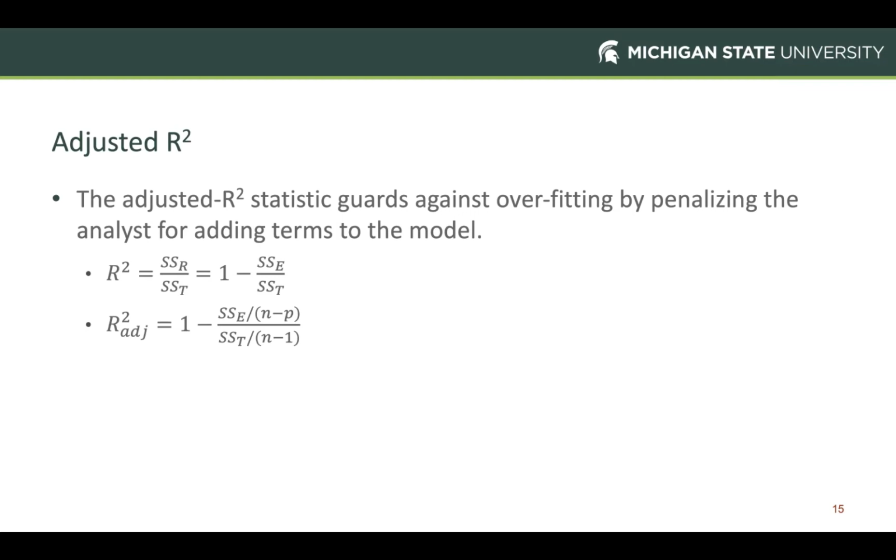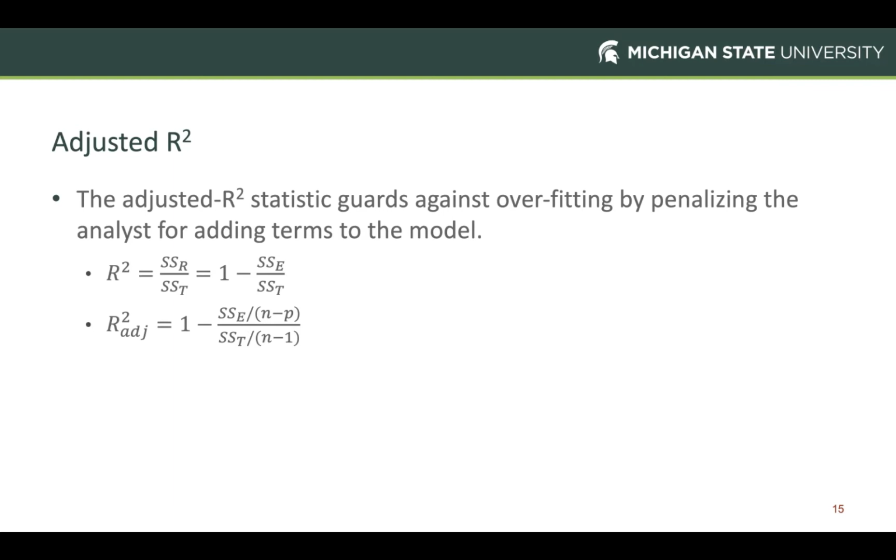And so consequently, what we do here is we make an adjustment that penalizes R squared based upon the number of parameters that are added to the model. And the way that we do that is we take the ratio of SSE divided by n minus p, where we have our sample size minus, again, our number of parameters, inclusive of the constant term, divided by our total sum of squares over n minus 1, where n is, again, our sample size.